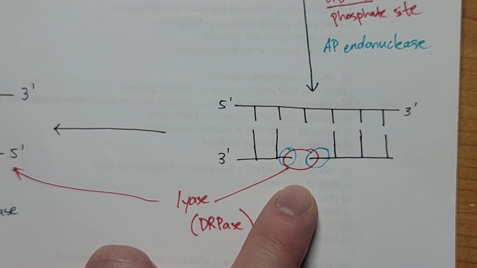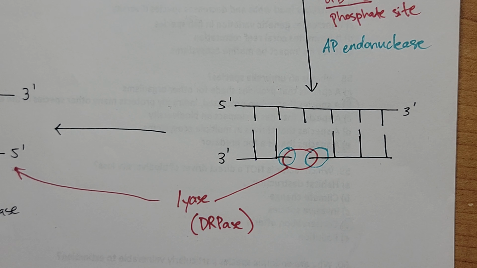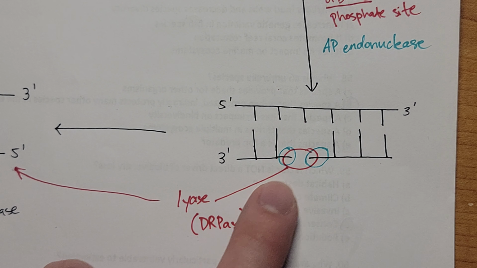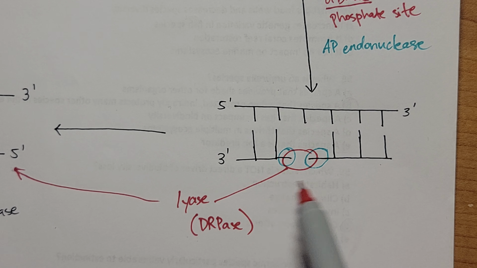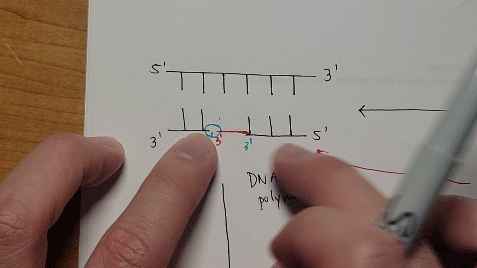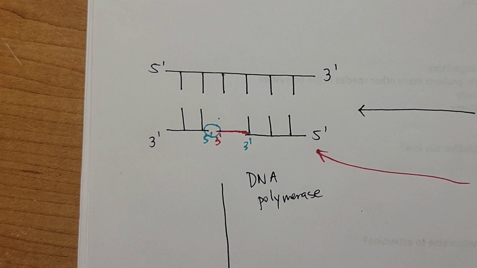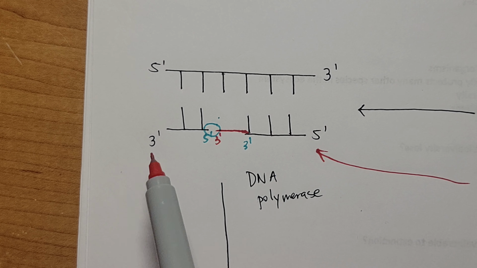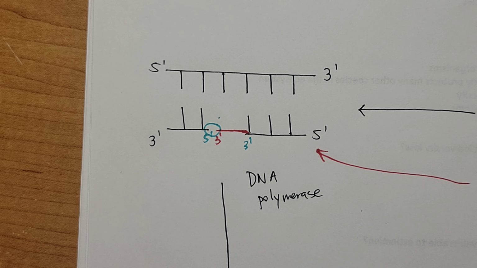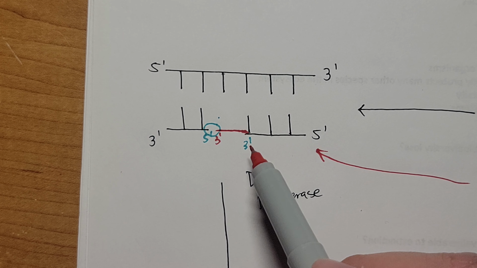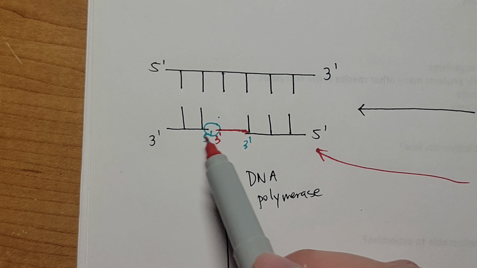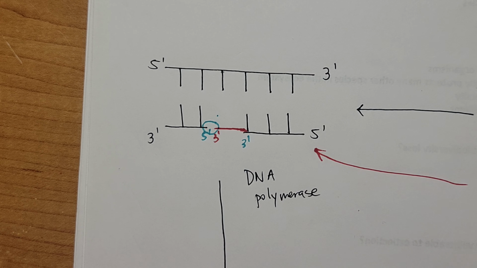So now it will have this opening, right? This opening will now alert another enzyme, which is called lyase. Lyase will just remove a stretch of this DNA over here. So now you will have two separated strands. Now, once you have these two separated strands, DNA polymerase can come in and elongate from the 3' end of this strand over here, and then just elongate until it cannot anymore.